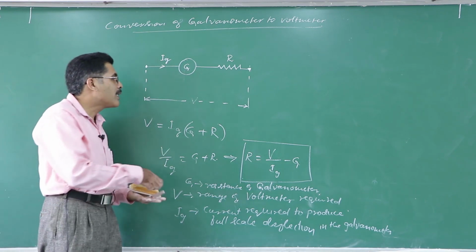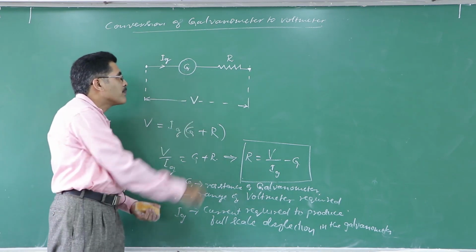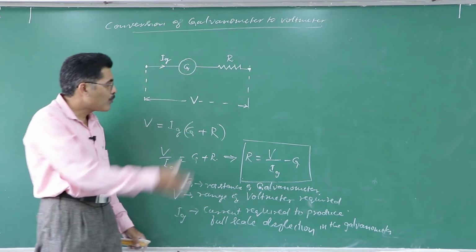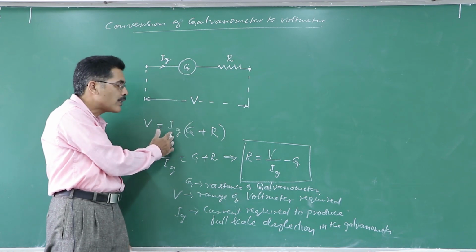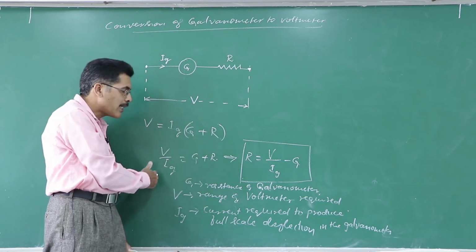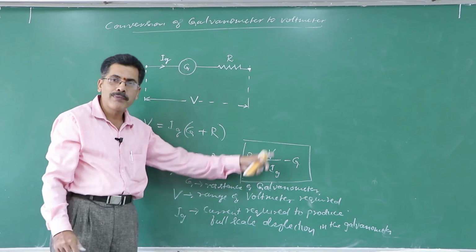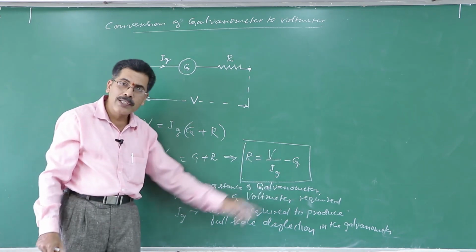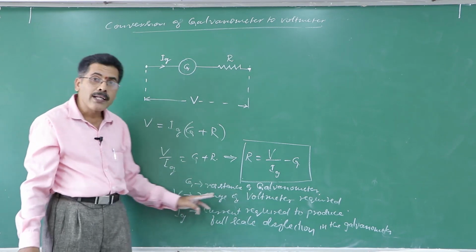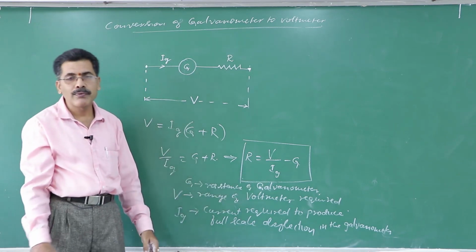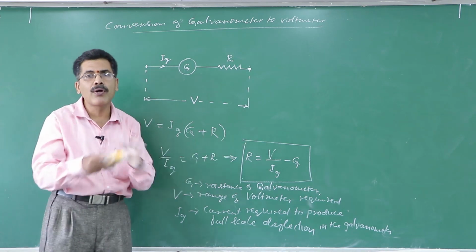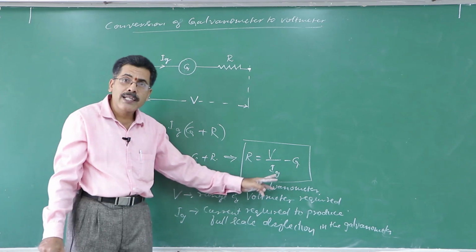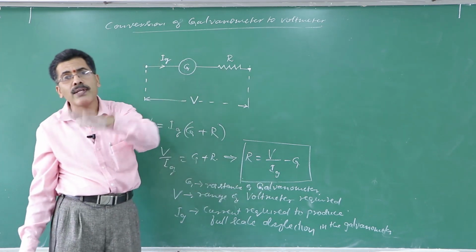Let V be the potential difference across this combination and Ig the current flowing in it. According to Ohm's law, V is equal to Ig into G plus R, or V by Ig is equal to G plus R, so R is equal to V by Ig minus G. Here G is the resistance of the coil of the galvanometer, and V is the range of voltmeter required. If you want 3 volt, put 3 here. If you want a 5 volt range, put 5. Ig is the current required to produce full scale deflection on the galvanometer.